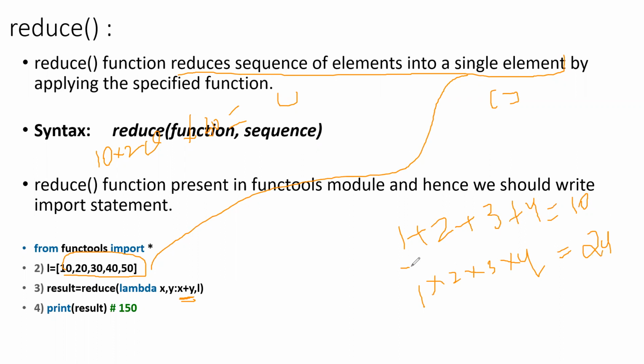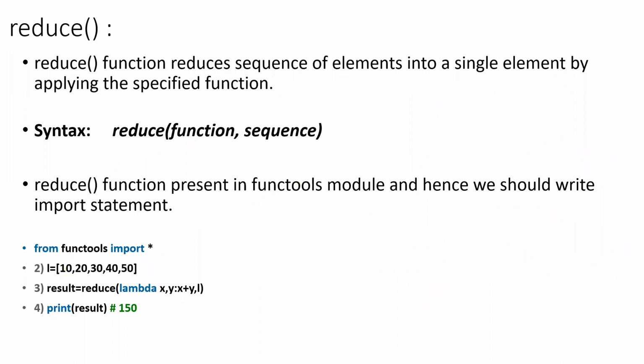So sequence of numbers 1 2 3 4, but the output is a single value. In this case, we can use reduce. Reduce means reduce the sequence of numbers or elements into a single element. That's the concept, or that's the condition where we use reduce function.